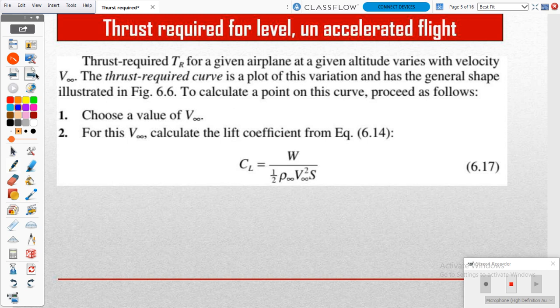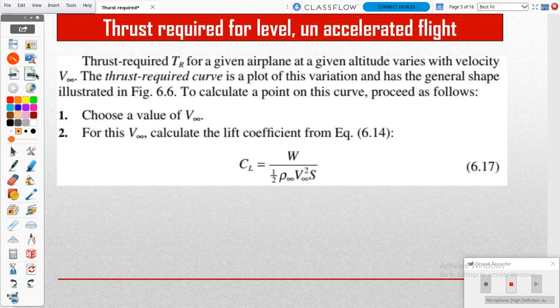Next, how to solve the problem for this category. We have nearly 5 steps. If you are going to find out the thrust required for our aircraft, you may get the values from the graph also. On the x-axis we have velocity V infinity, and on the y-axis we indicate TR.